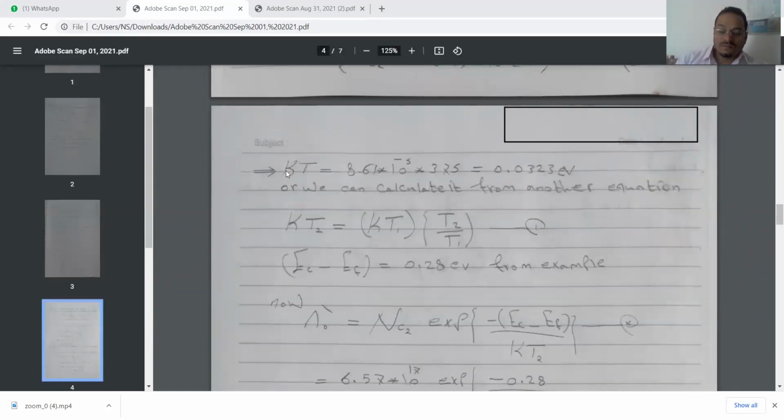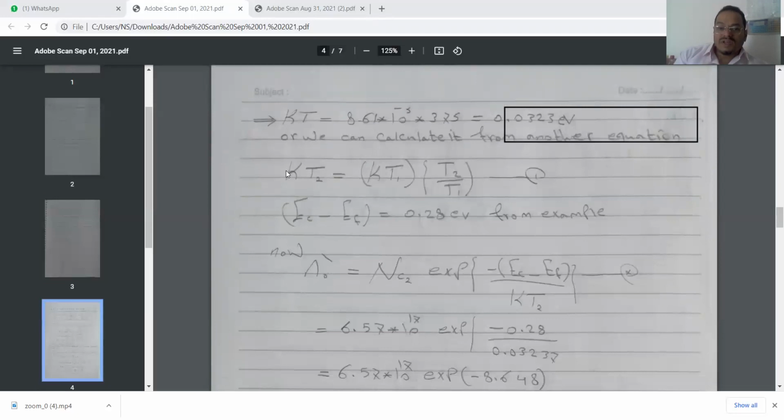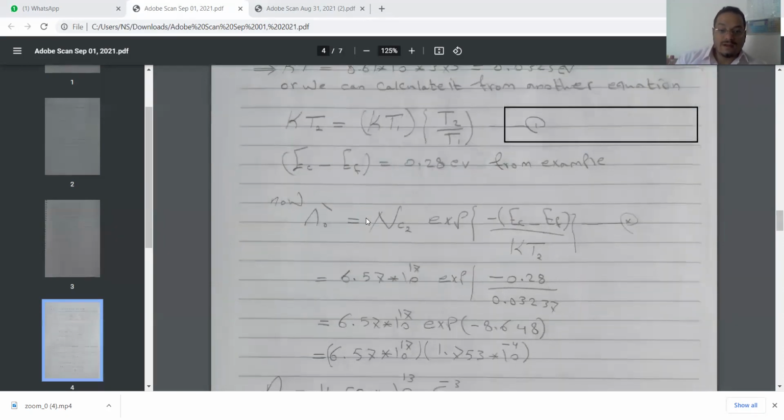Now let's calculate the difference between the conduction band and the Fermi level. The last result is 0.28 electron volt. I'm sorry, this is from the example; the author gave it to us to help us calculate the other. Now, n dash means the new concentration of electrons at the conduction band with another temperature.